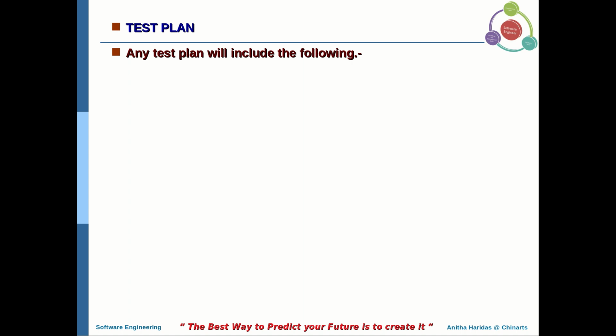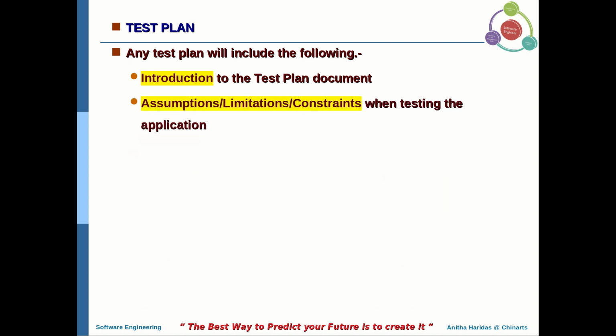Now we are going to see what matters will be included in the test plan. One, you need an introduction for your test plan document. You need all the assumptions, limitations, and constraints when testing the application. Whatever you are going to do, all those things must be specified. Then you need the list of test cases.